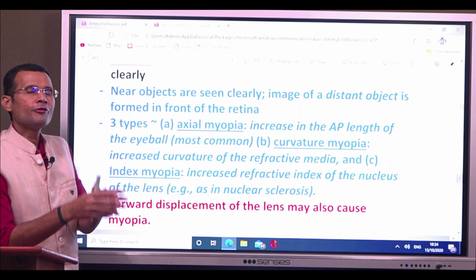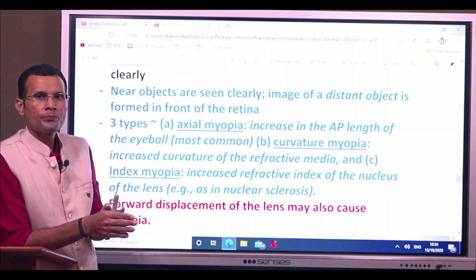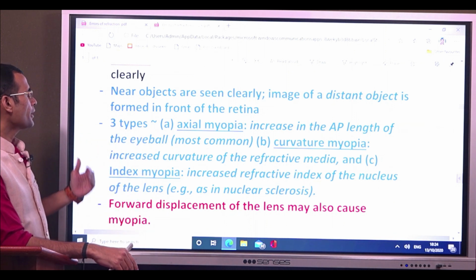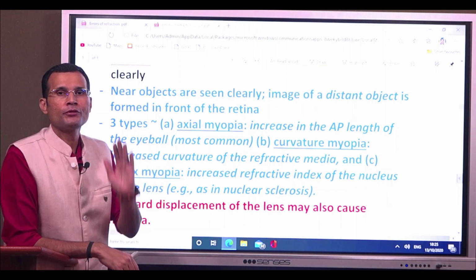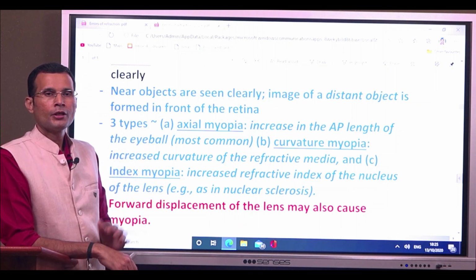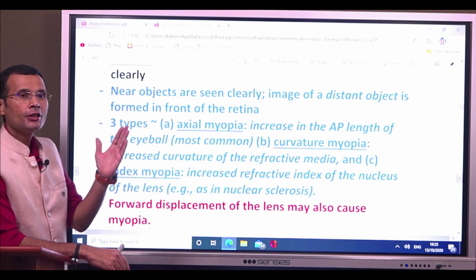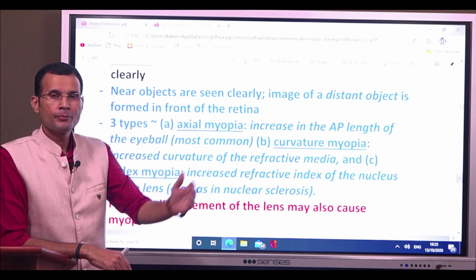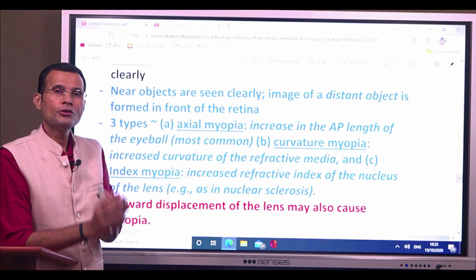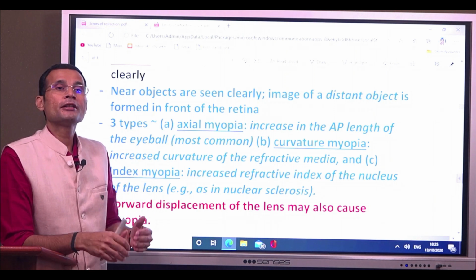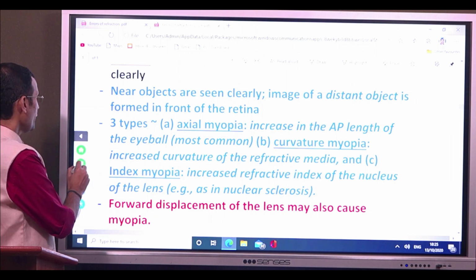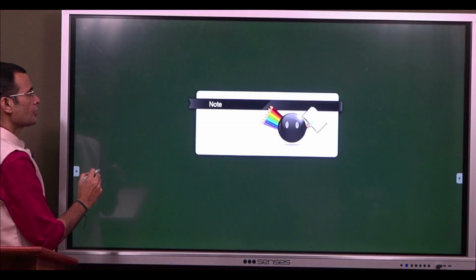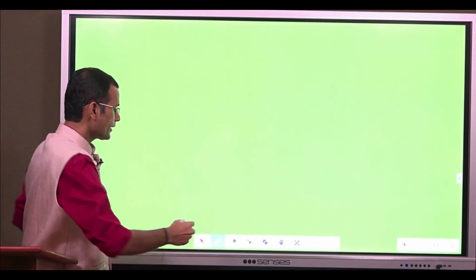So, image of the distant object does not form on the retina, but it forms in front of the retina. We had already shown one such defect in the previous diagram.